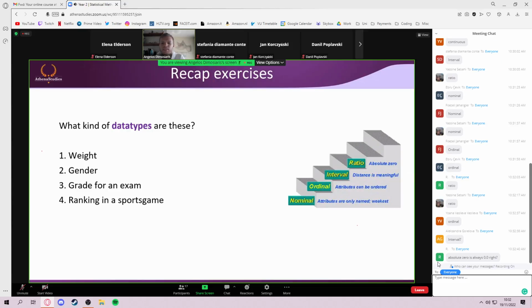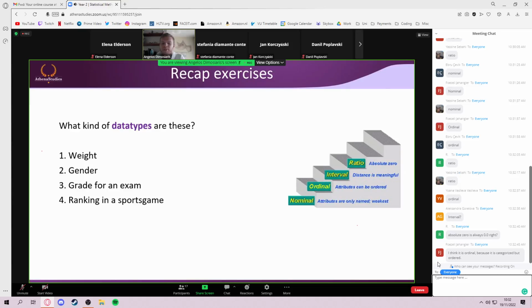Ordinal. Interval. Absolute zero means that when you have 0, you don't have any of the variables that you measure. Okay, some people say it's ordinal, some people say it's ratio. There's one person who said the interval. That's nice. I would say it's ratio, to be honest.